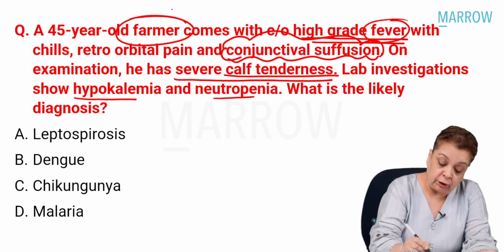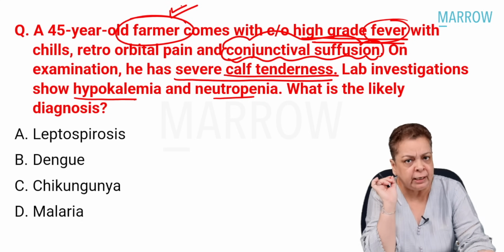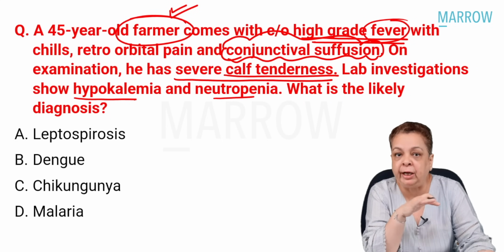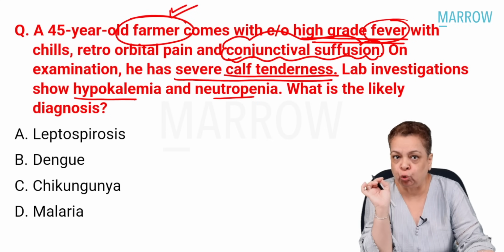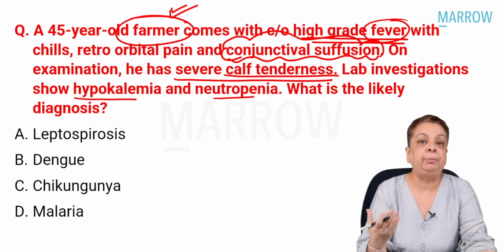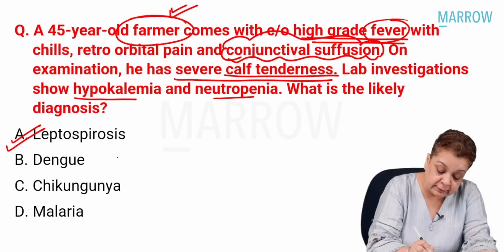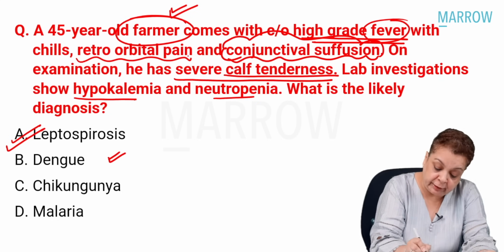Okay. The word farmer is telling us it's a disease associated most likely. When an occupation is mentioned, think of specific diseases associated with those farmers. Farmers wade through water contaminated with animal urine, especially rodent urine, and they develop leptospirosis. Some of the students got confused with dengue because they read retroorbital pain.